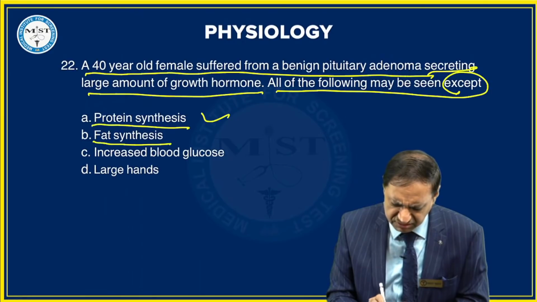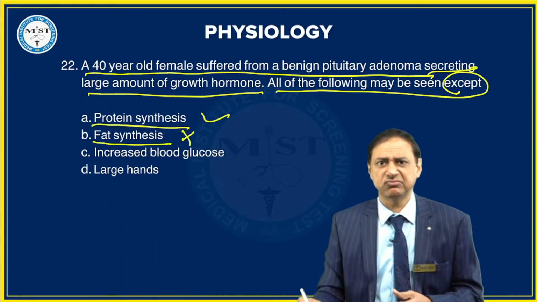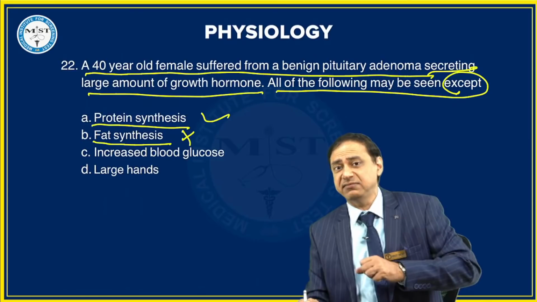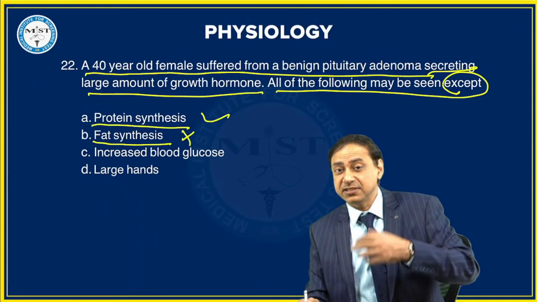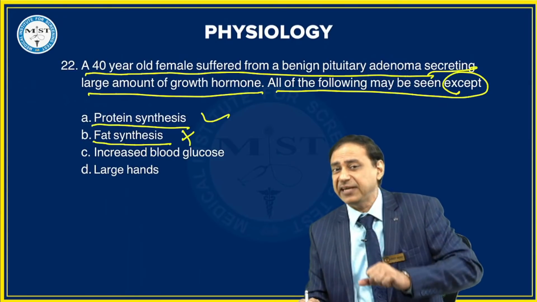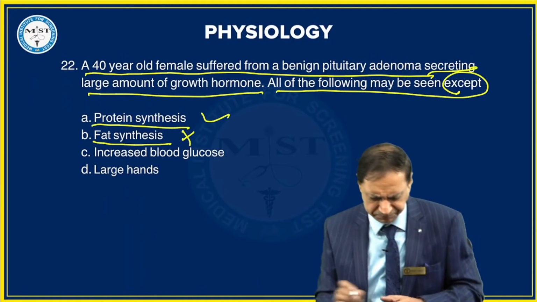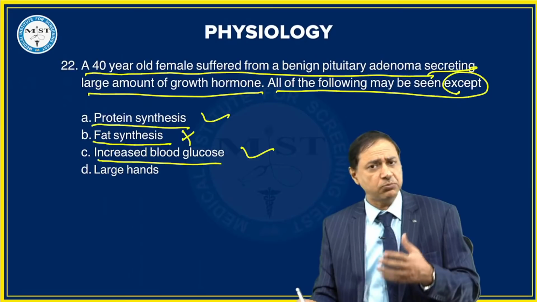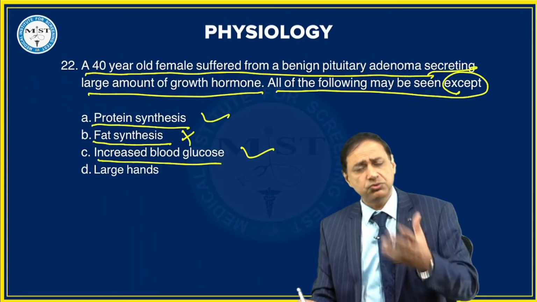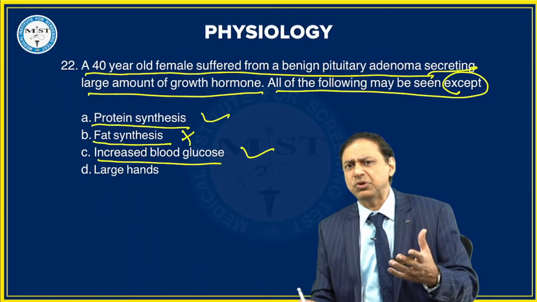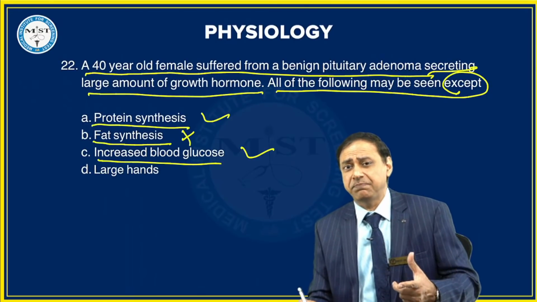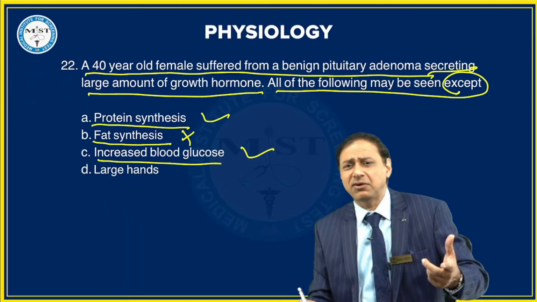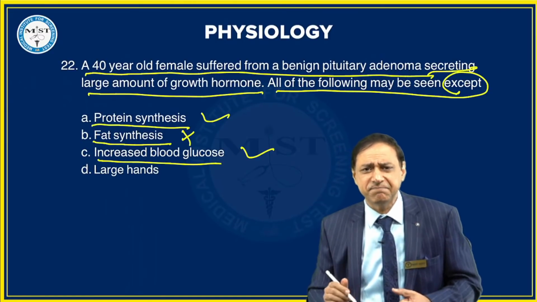Fat synthesis, no. Growth hormone will lyse the fat. It will synthesize protein, but it will lyse the fat. Increased blood glucose, yes. Growth hormone will lead to insulin resistance, blood glucose more. Diabetic picture will develop. Many acromegaliacs are diabetic also because of this reason.